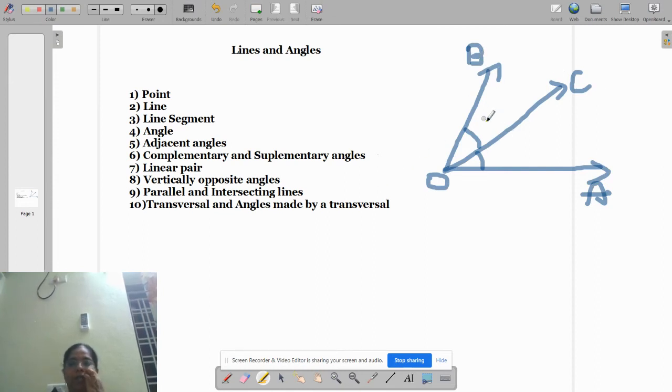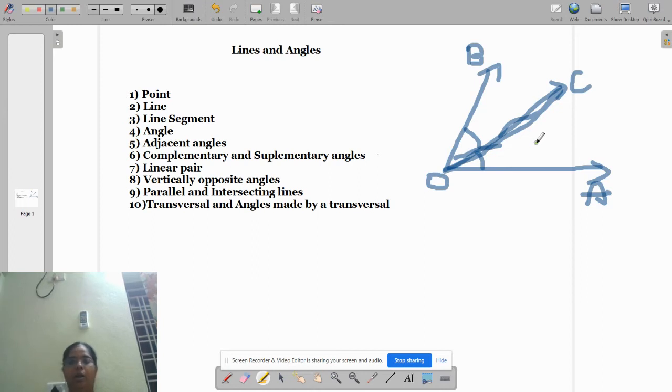If you observe these two angles, they have a common arm, that is, OC is a common arm, and they have a common vertex O. So these two angles are called adjacent angles.